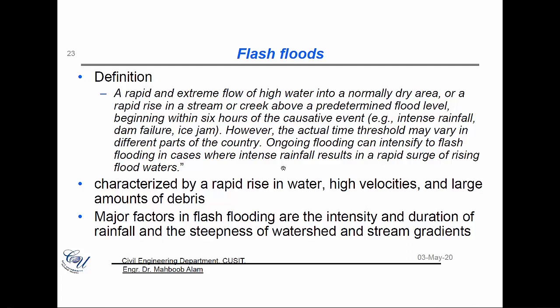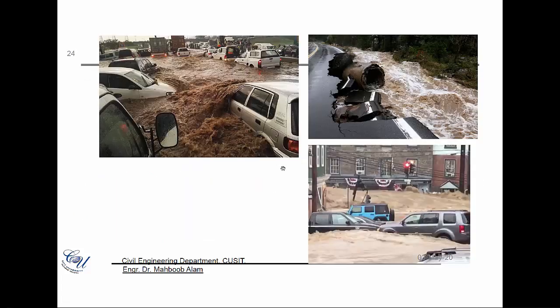Flash floods are usually characterized by a very rapid rise in water, again because these are hilly areas or the areas which are called head catchments, the catchments which initiate the flood situation. So they have very high velocity and they bring along with themselves a large amount of debris. These are a few pictures of flash flooding.